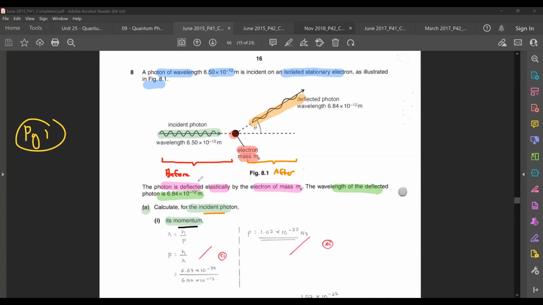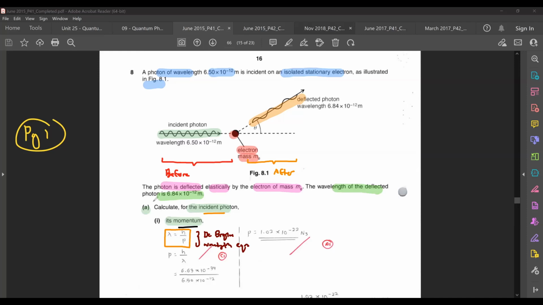Now the momentum of the photon is actually covered under the broad topic of wavelength. I haven't covered it yet, but I can just tell you right now that if you're trying to find the momentum of a photon, there's a particular equation that you will use, which is lambda equals h over p. That equation is called the de Broglie wavelength equation.